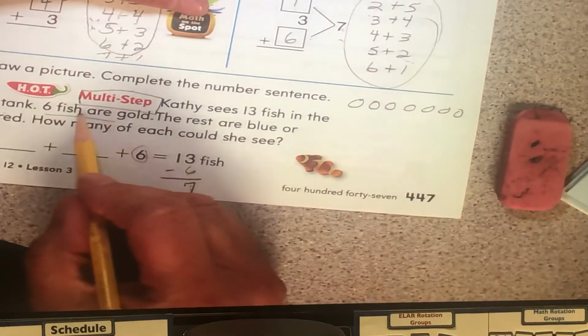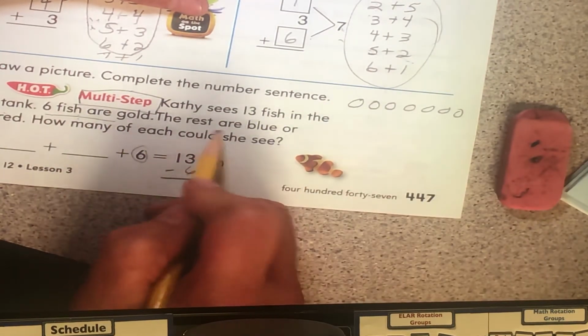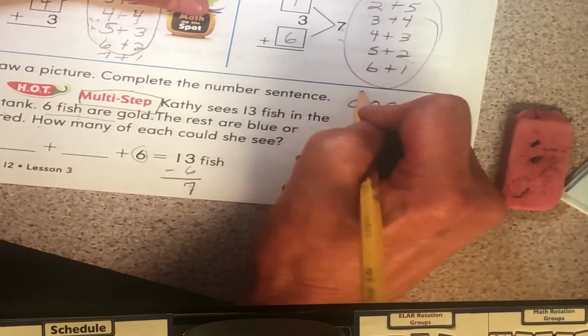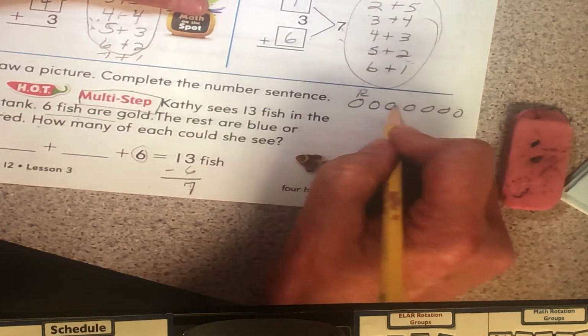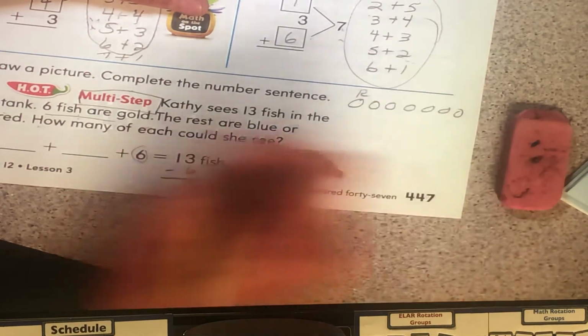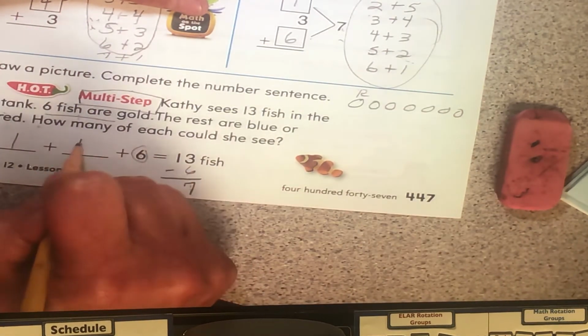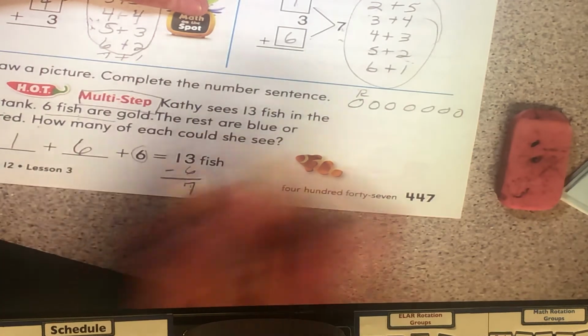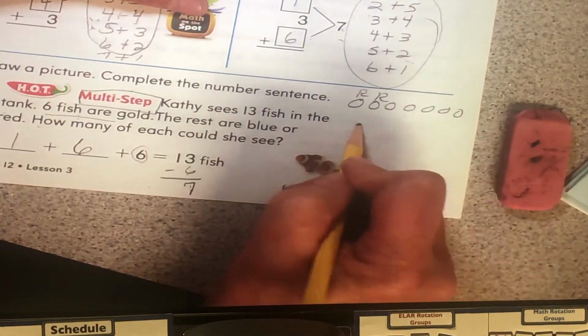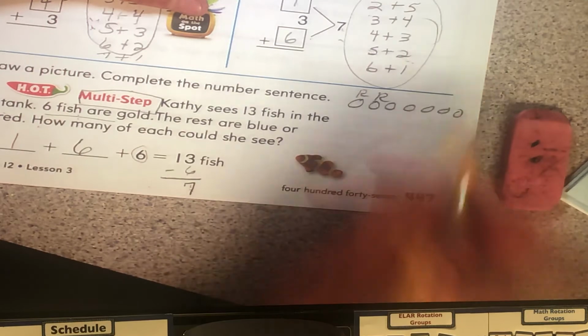All right. And we have blue and red. I could have 1 red and 1, 2, 3, 4, 5, 6 blue, right? 1 plus 6 right there. I could have 2 reds and 5 blues.